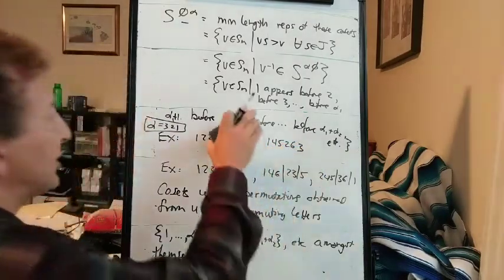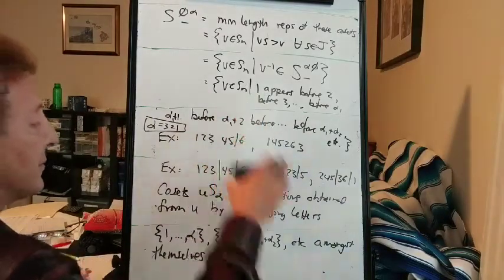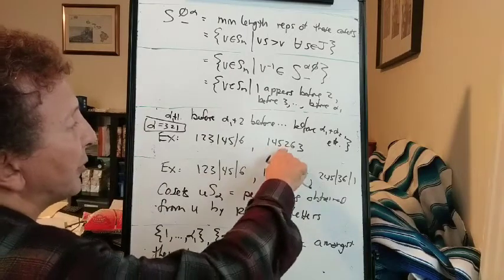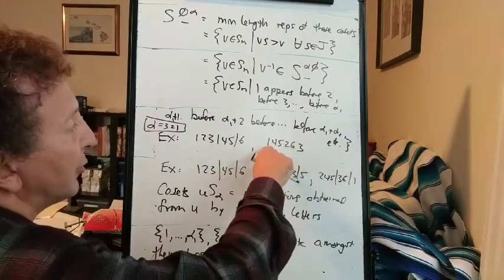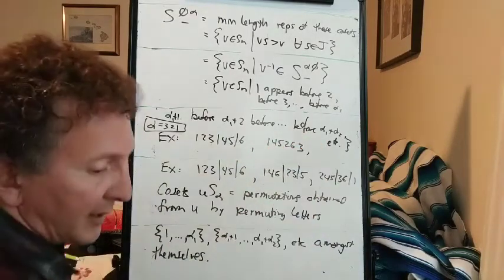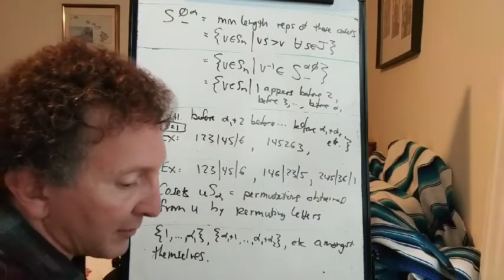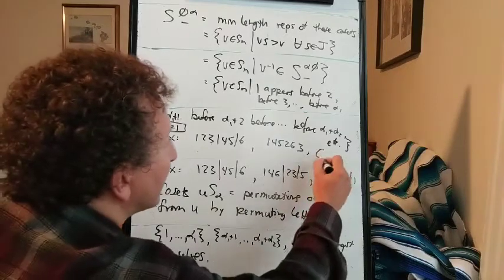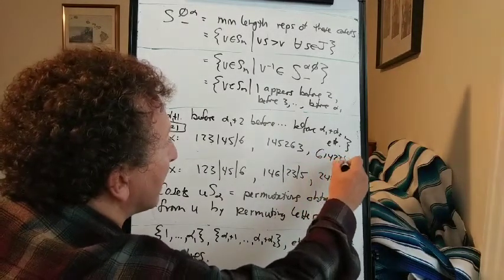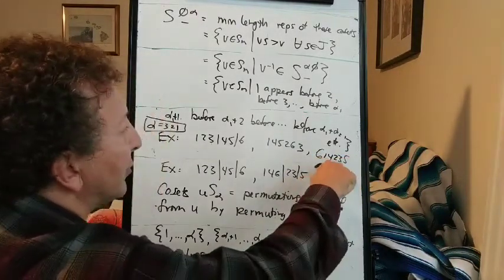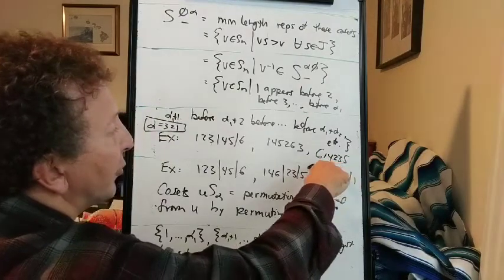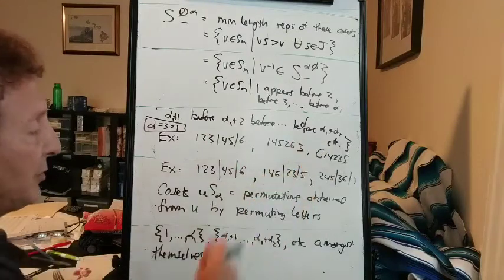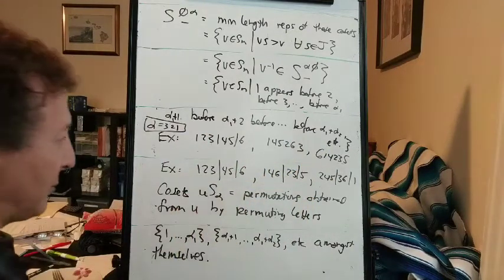Now 1 appears before 2, which appears before 3, 4 appears before 5, and then 2, 4, 5, 6, 1, 4, 2, 3, 5. Again, 1 appears before 2, before 3, 4 appears before 5, and these actually are the inverses of the permutations I used in the last example.